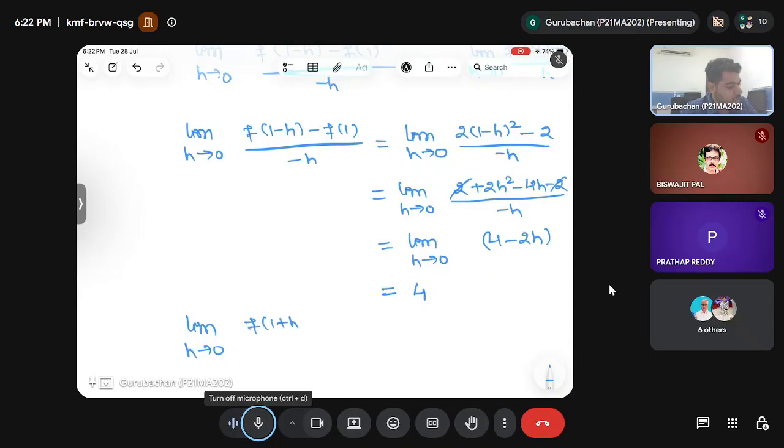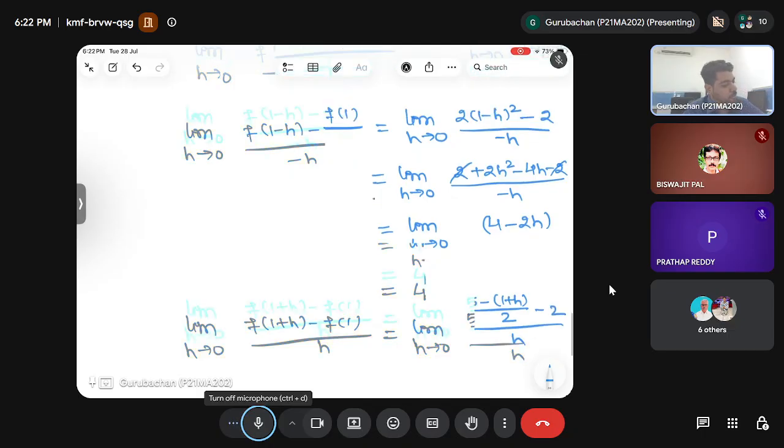The right hand derivative will be f of 1 plus h minus f of 1 divided by h, which will be equal to limit h tends to 0. When we are talking about after 1, our function is 5 minus x. So here it will be 5 minus 1 plus h minus 2 divided by h.